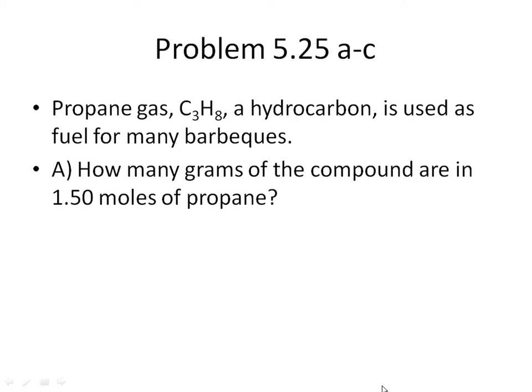This is where we are going to use molar mass. The first thing that we always do is we write out what we're given. So we're given 1.50 moles of C3H8. And we go ahead and write out our next step.